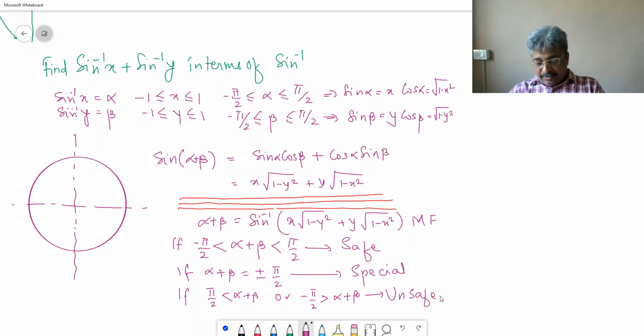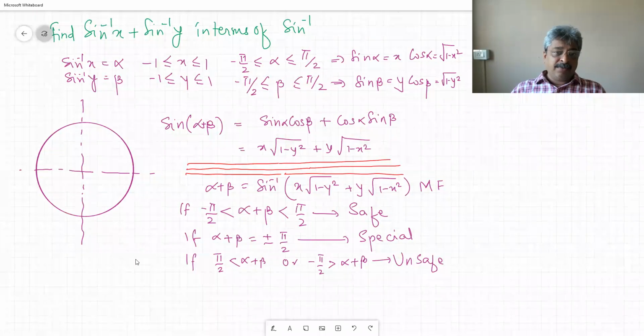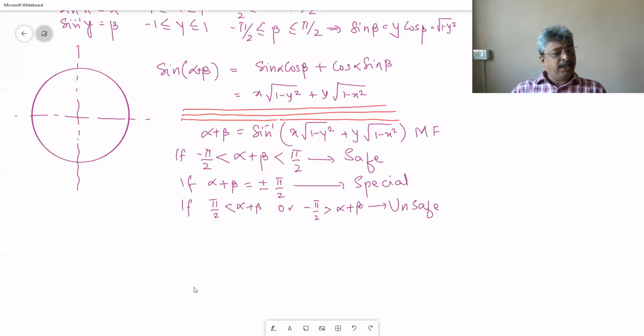Yes. So if we divide into these three categories, the most difficult is unsafe, so we will handle unsafe in the end, and first consider maybe the special case. If I want alpha plus beta to be pi by 2, then the special case actually will help us in getting the discriminating factor.